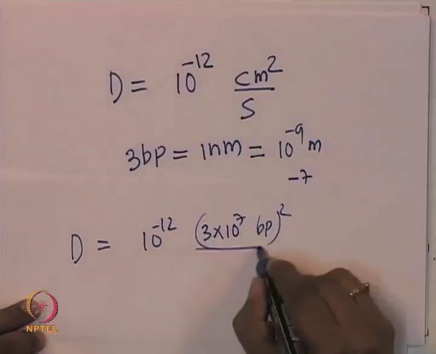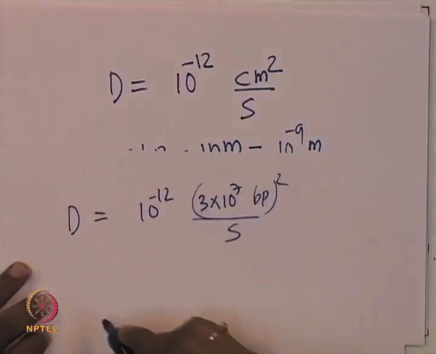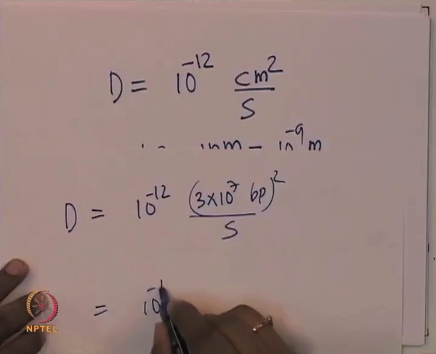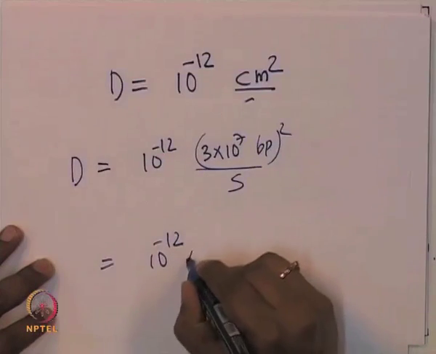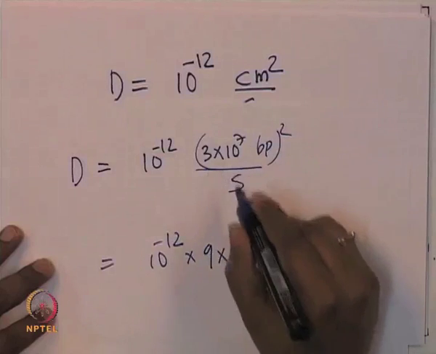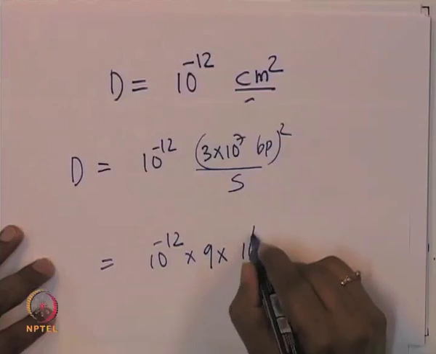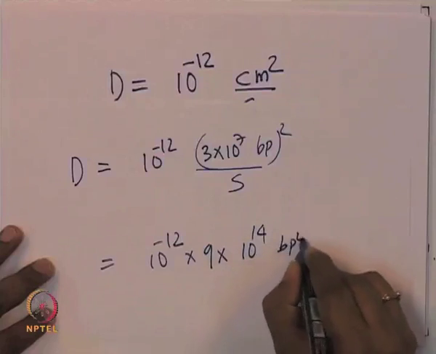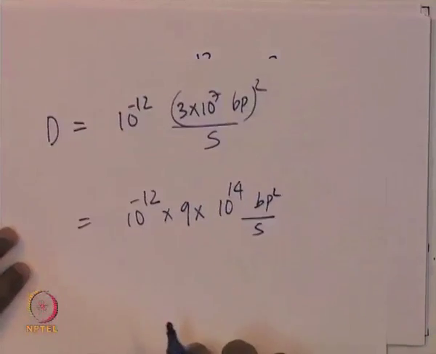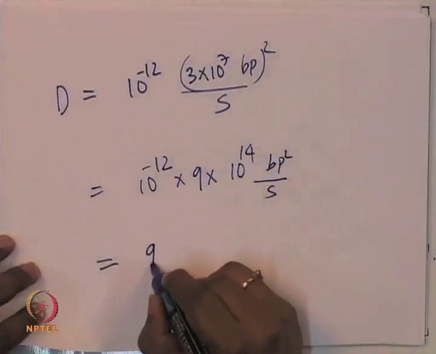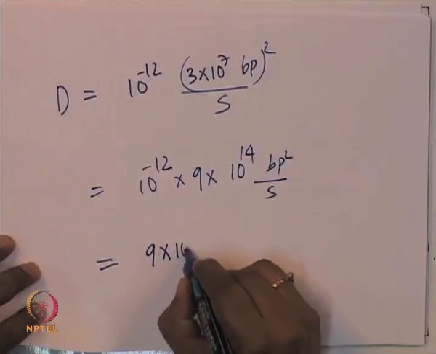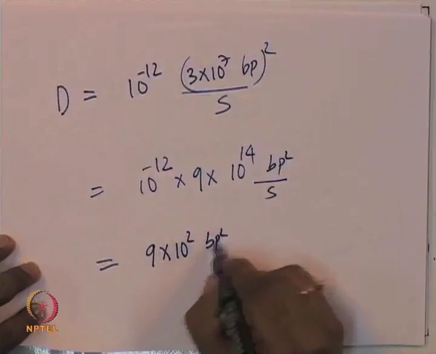square per second. So, this is 10 power minus 12, 3 into 3 is 9, 10 power 7 into 10 power 7, which is 10 power 14, base pair square per second. So, this is basically 10 power 9 into 10 power 2 base pair square per second.